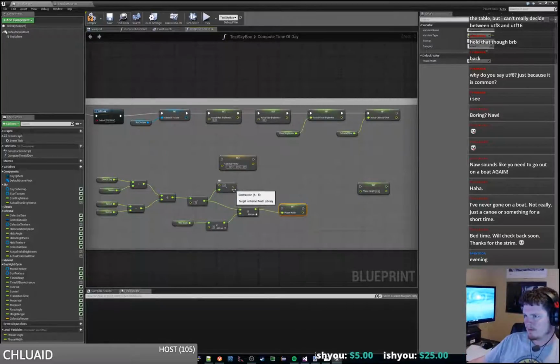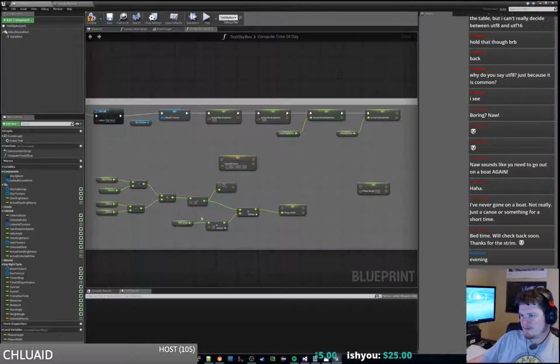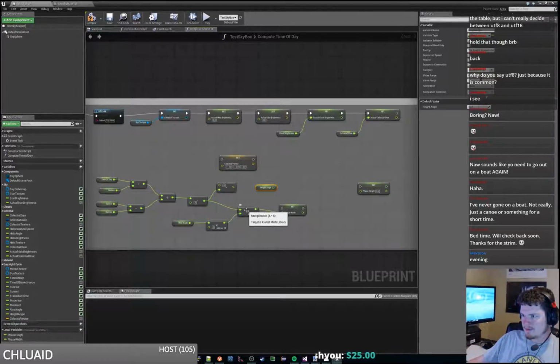So it'll be 0, and then it'll go to 0.5, and then back. So we want to do the height angle. We want to multiply that by 2.